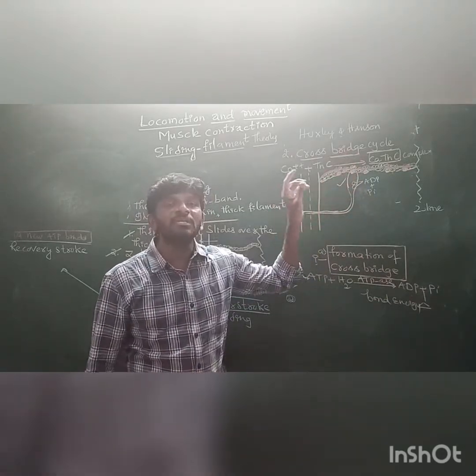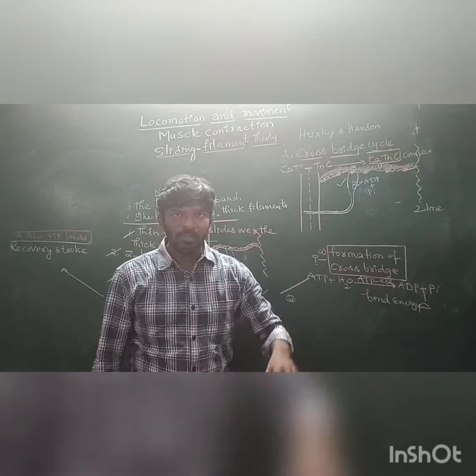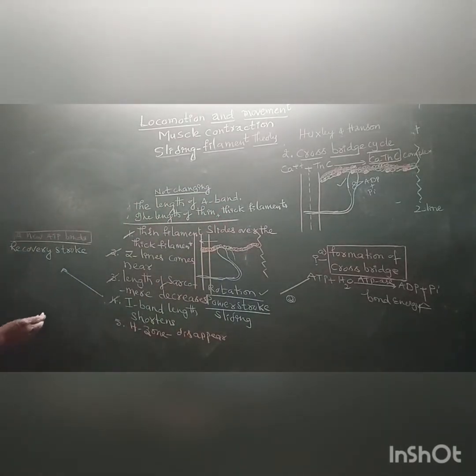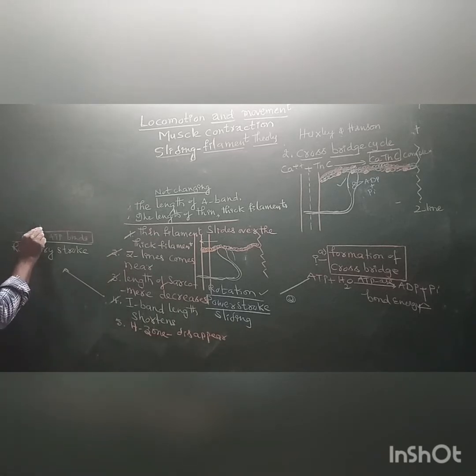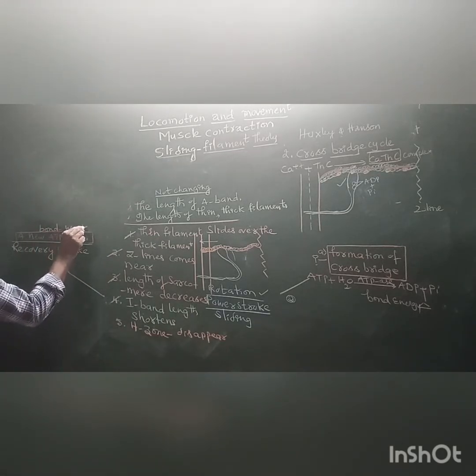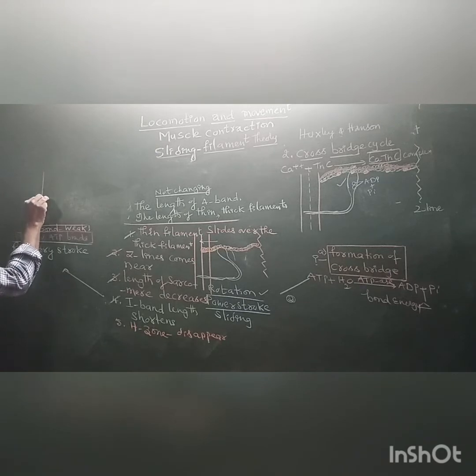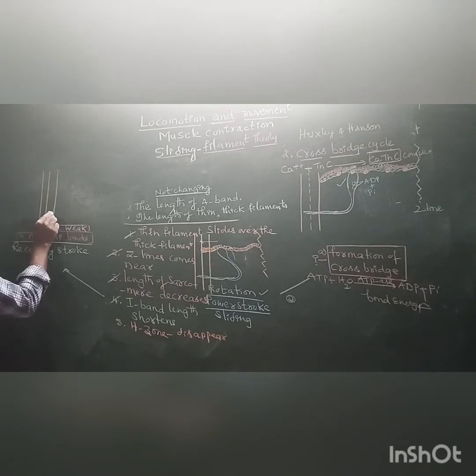When the sarcolemma is repolarized, the calcium-troponin complexes are broken or destroyed. When the calcium-troponin complexes are broken, the calcium ions go back to the terminal cisternae.